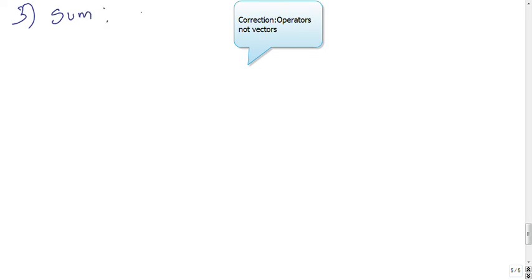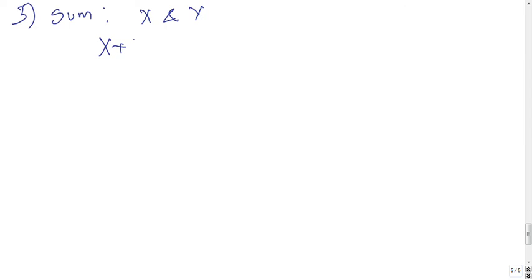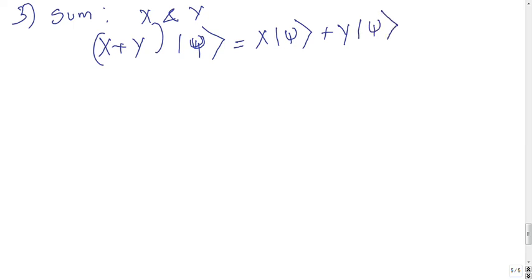If we have two operators x and y, then we can construct a new operator x plus y, such that this is calculated by individually applying the operators on the ket xi and summing them. So this is how we can construct a new operator from two linear operators x and y by just summing them.